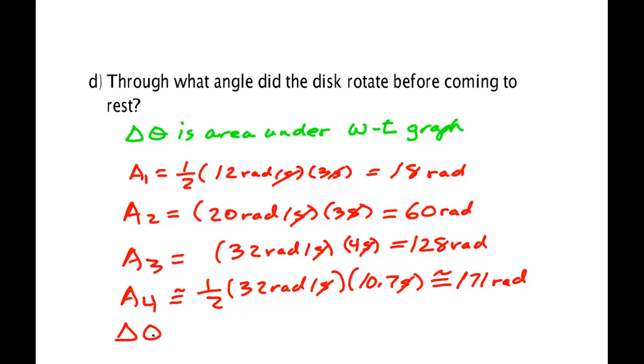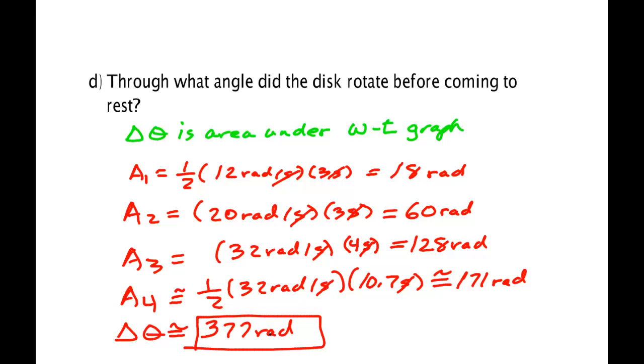So delta theta is the sum of that. 18 plus 60 plus 128 plus 171. 377 radians. Assuming I've done my calculations correctly.